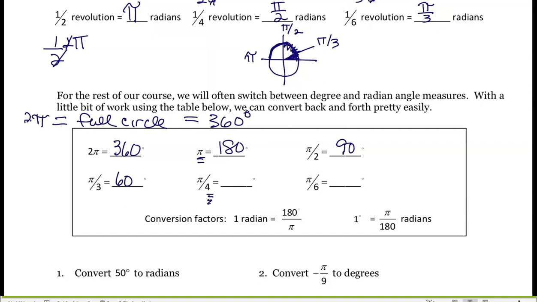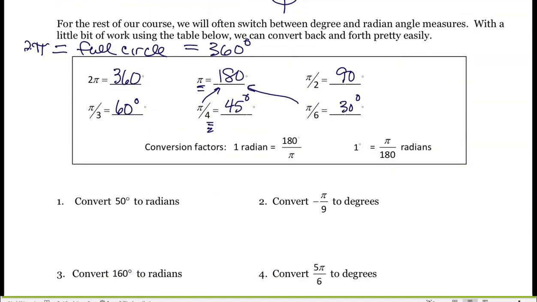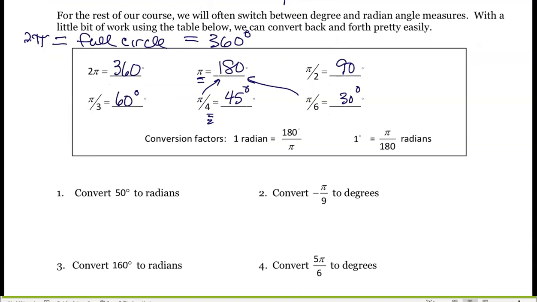Take your pi, right above, and divide by 4. That gives me 45. And these are all degrees, so I have to be writing those clearly. Take your pi and divide by 6, and that gives me 30 degrees. So clearly, I'm using that 180 equals pi for my conversion factors.